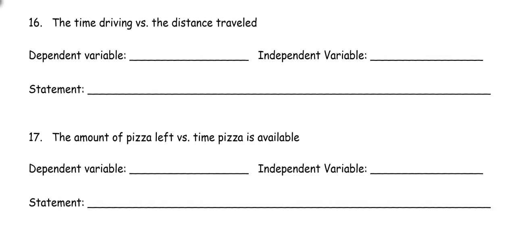Number 16, the time driving versus the distance traveled. So remember, again, we're seeing that time, that's something that we have no impact over. Time is going to continue to pass regardless of what we are doing. So anytime we see time, remember that that is an independent variable. So time driving is independent, which means distance traveled must be our dependent.